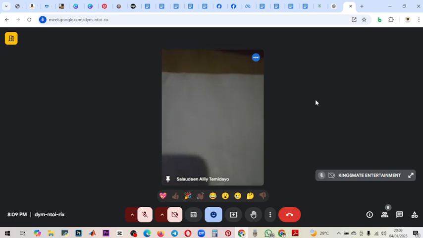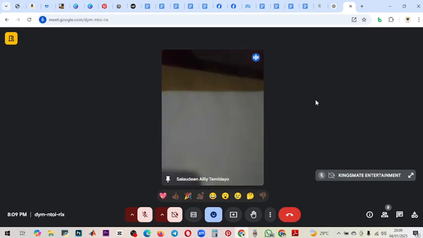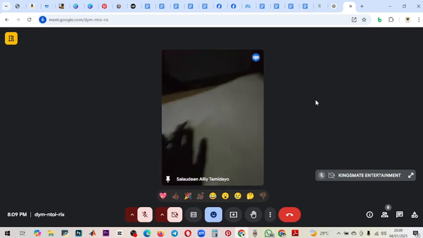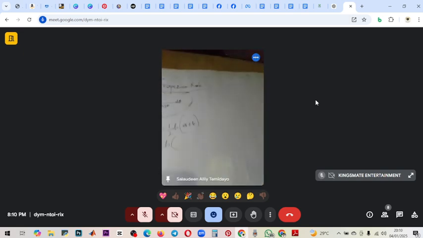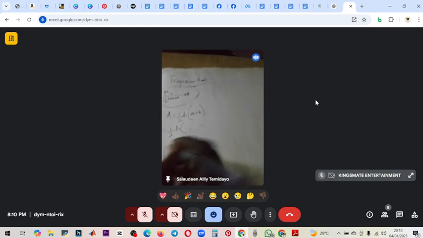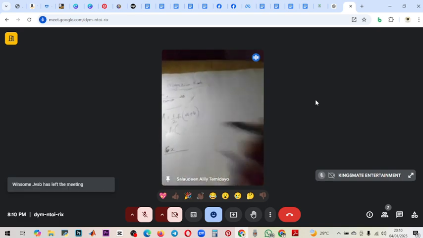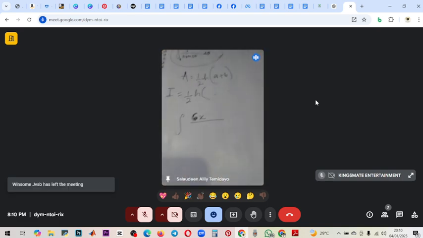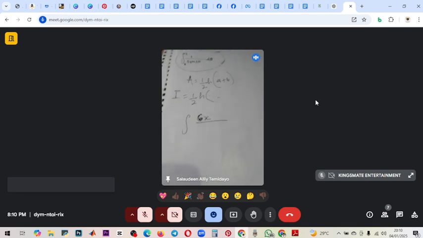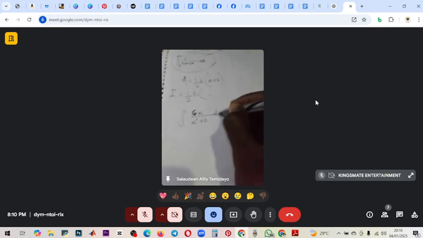Okay, yes. Using the trapezium rule, I have a question here that we're going to be solving. The question says, using the trapezium rule, I'm asked to integrate 6x over x squared plus 2, dx. Are we together now?